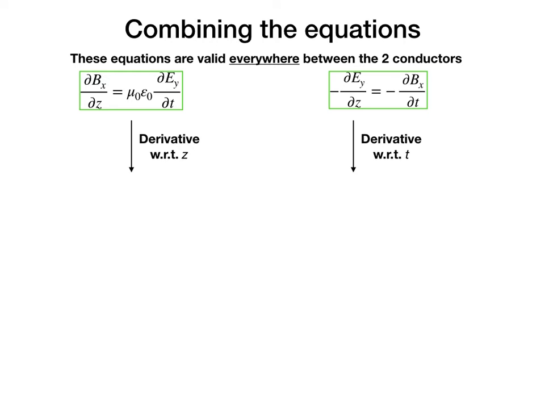And what this will give us is that the terms would be equal, and then we can solve for B. So we get the z derivative and the t derivative, and notice that we have the same term on both sides except for a constant factor. So we get this nice little equation for the x component of B.